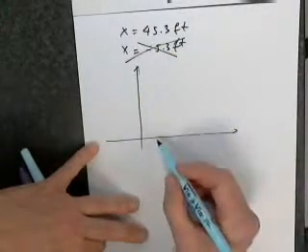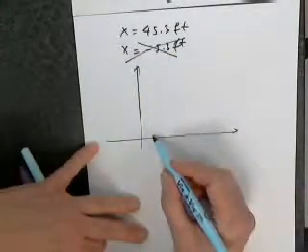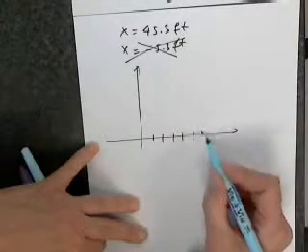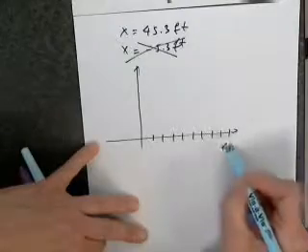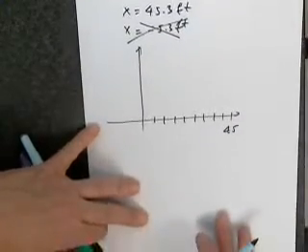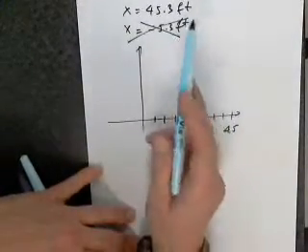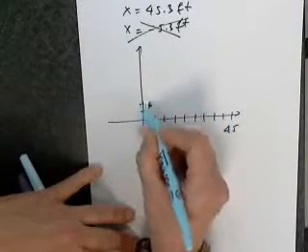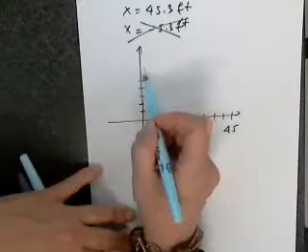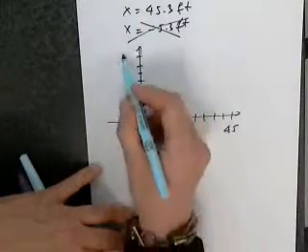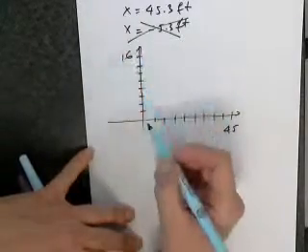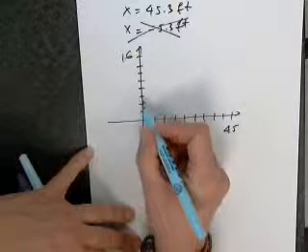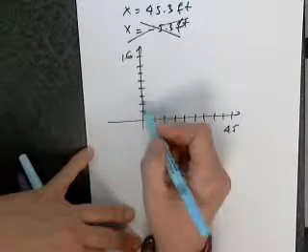So I have to go 45. I'm going to say 10, 20, 30, 40, 45. How high? To 16. 2, 4, 6, 8, 10, 2, 4, 6. Okay, so here's my graph. So this was 2, 4, right? 6.